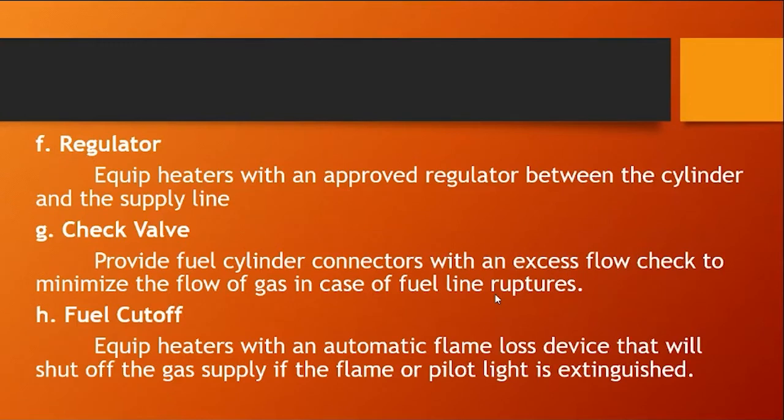Next is the regulator. Equip heaters with an approved regulator, check valve, hose fuel, cylinder connectors, and excess flow check to minimize the flow of gas in case of fuel line ruptures. Fuel cut-off: equip heaters with an automatic flame loss device that will shut off the gas supply if the flame or pilot light is extinguished.